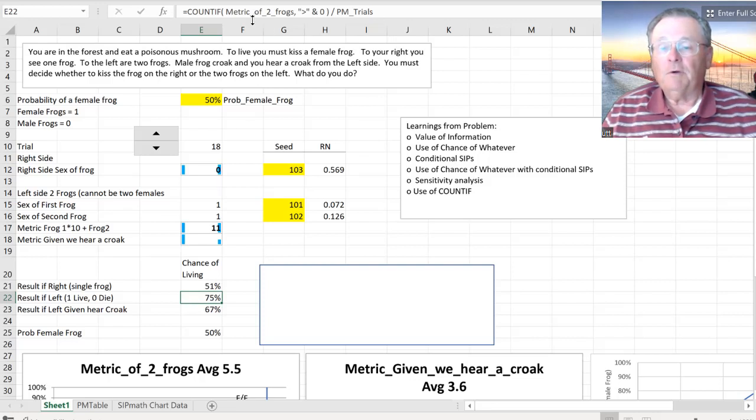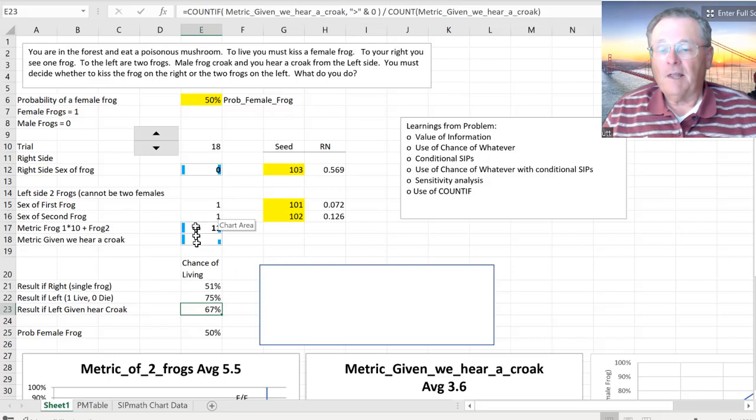Well, here it also is the probability being bigger than 0, which would be two males. And that answer is 75. And once again, it's looking at this metric of two frogs. Down here, I'm looking at a chance of success that we hear a croak.